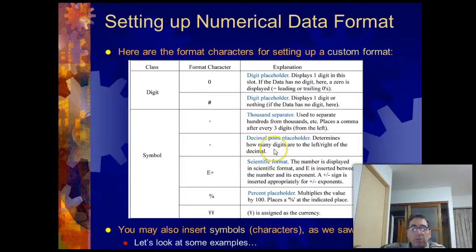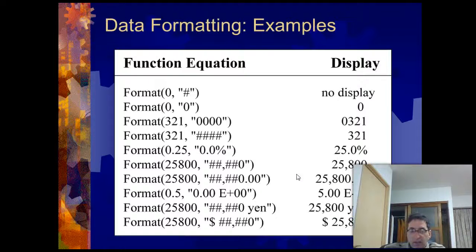Okay, and decimal point, same kind of thing. And here, this is scientific format. The number is displayed in scientific format, and E is inserted between the number and its exponent. A plus or minus sign is inserted appropriately for plus or minus exponents. So here, we're going to have something like E and then 0, 0.